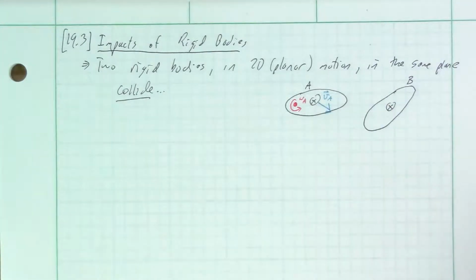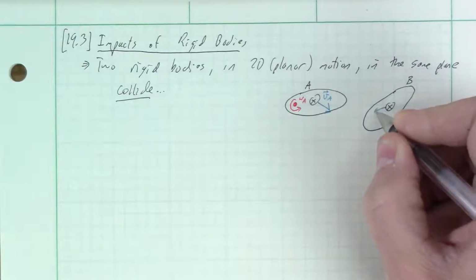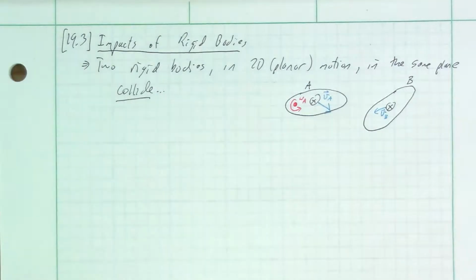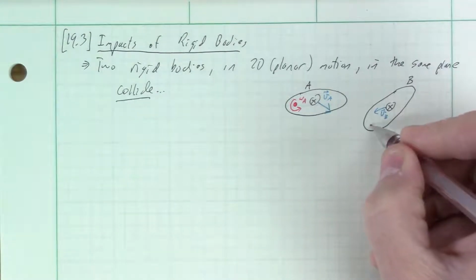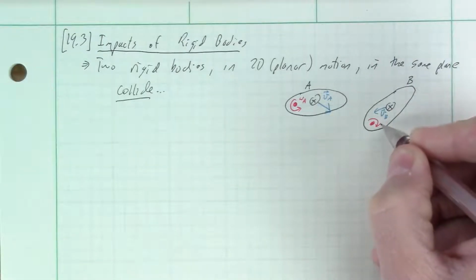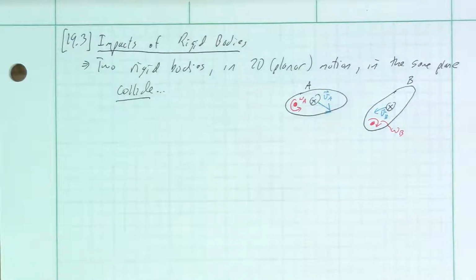And then let's say B has something similar, so its center of mass is moving that way, VB, and it's rotating there. That is omega B. I'm just making these dynamical situations up.